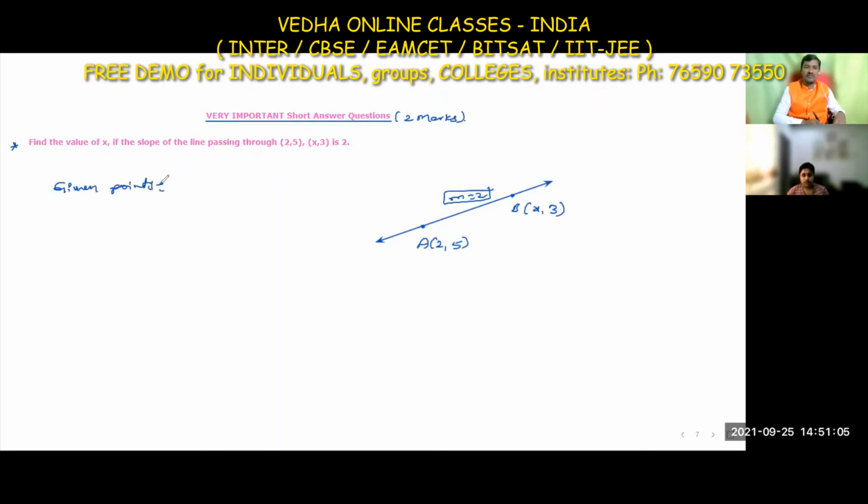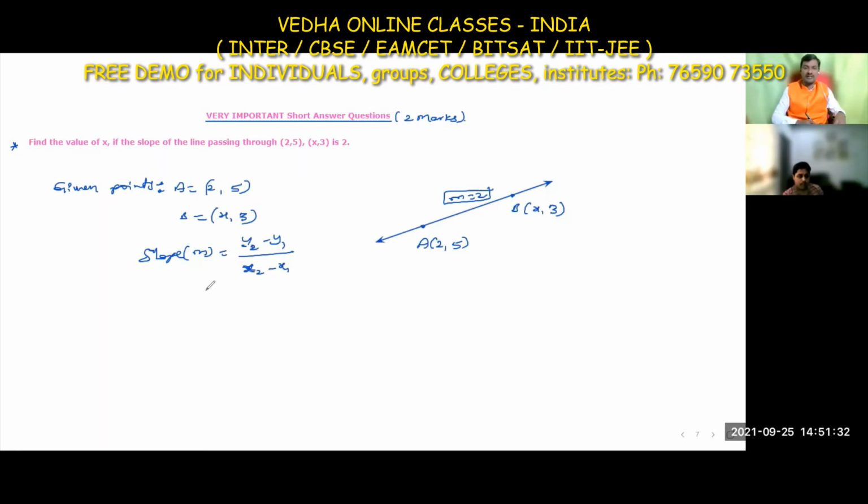Okay, so given points are a is equals to 2 comma 5 and another point b is equals to x comma 3. Okay, and the slope is given. Slope m is equals to, usually the formula is y2 minus y1 divided by x2 minus x1. This is the formula.